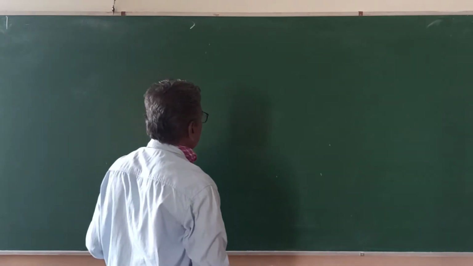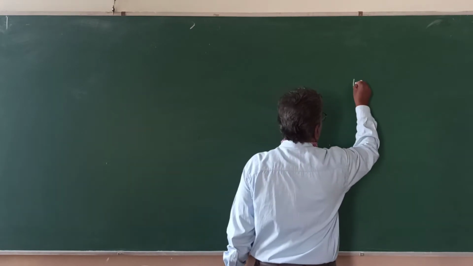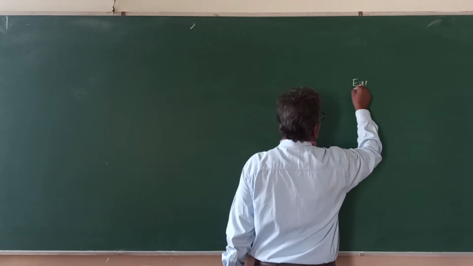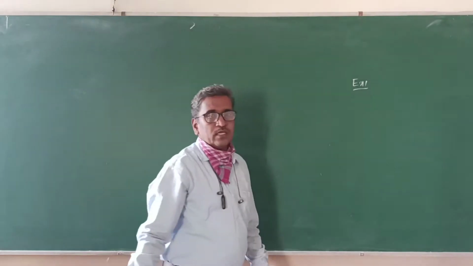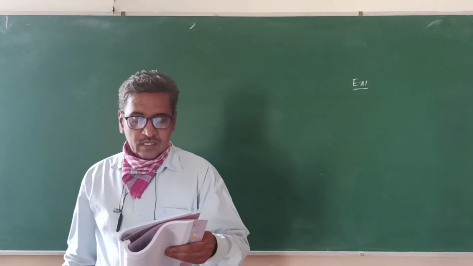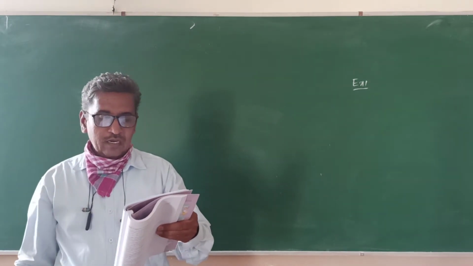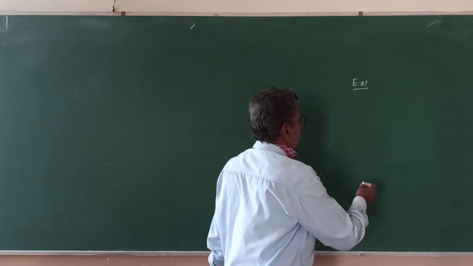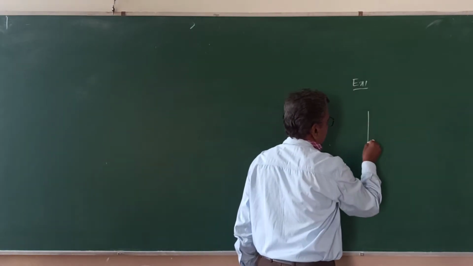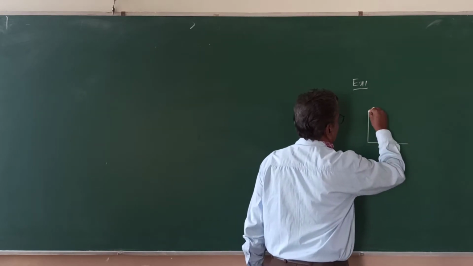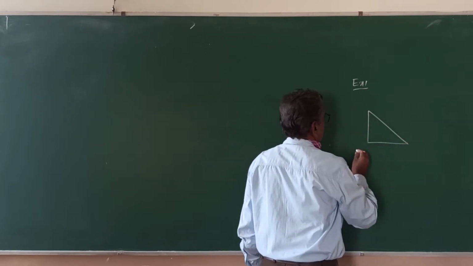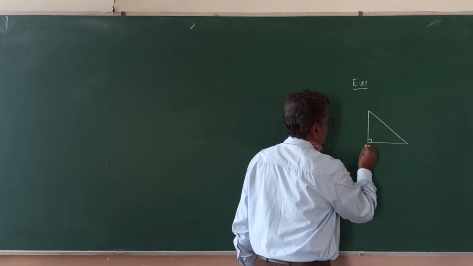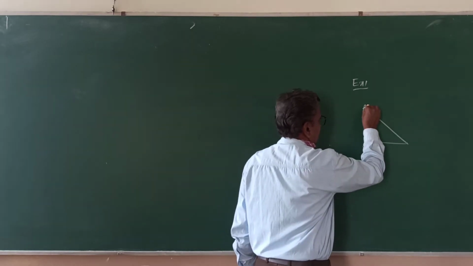Let's do an example from exercise. Example is ABC is an isosceles triangle right angled at C. Yes, right angled at C, isosceles triangle.